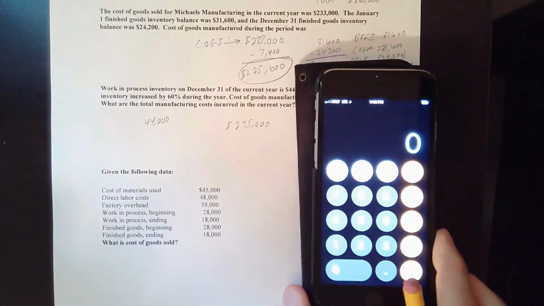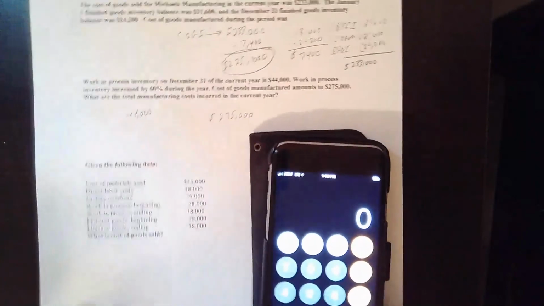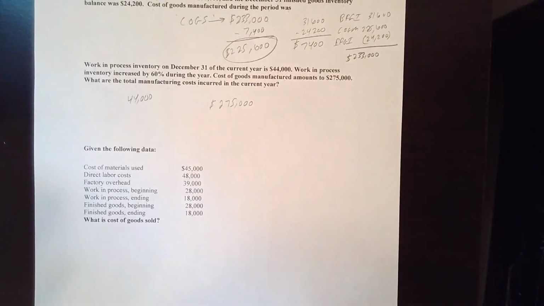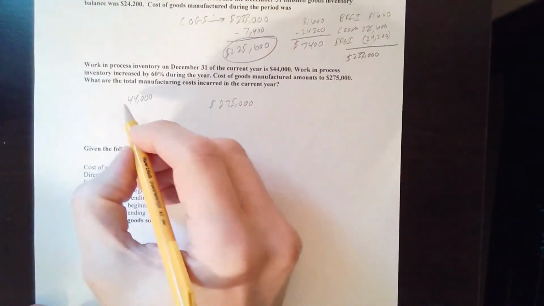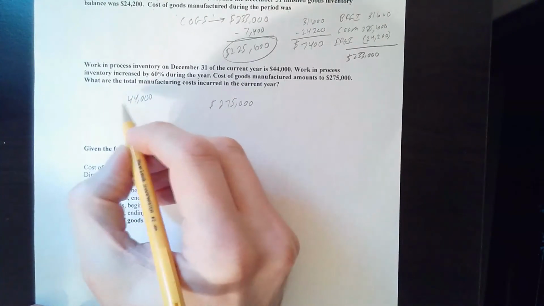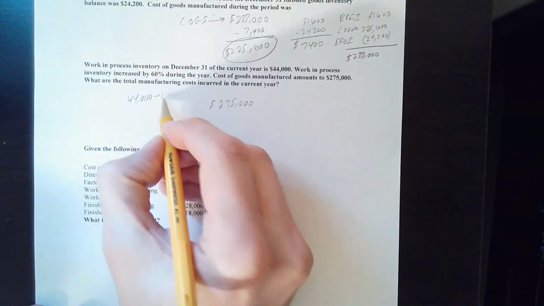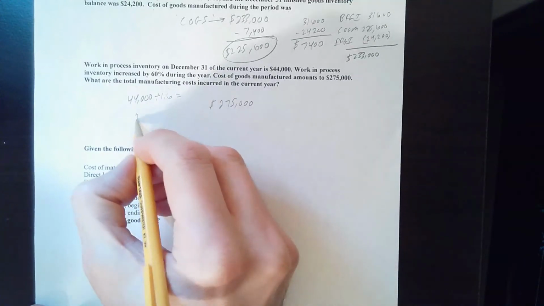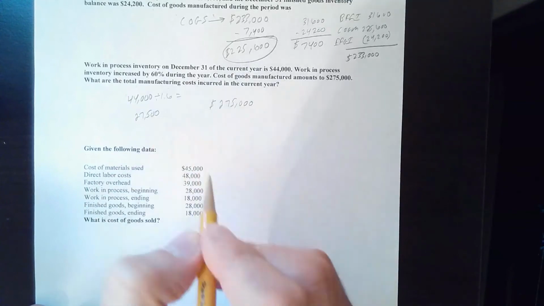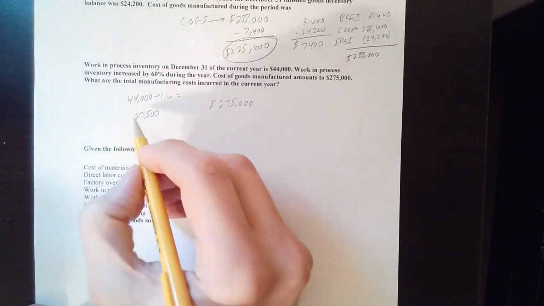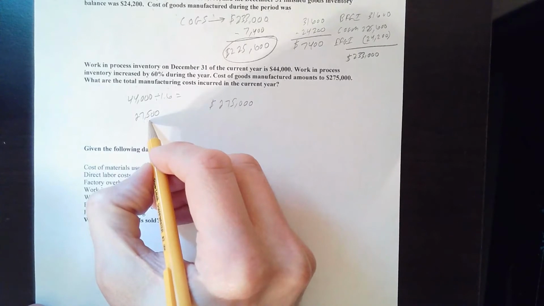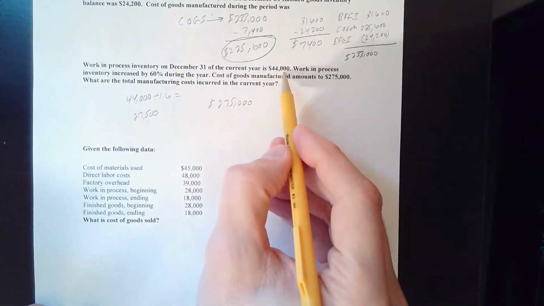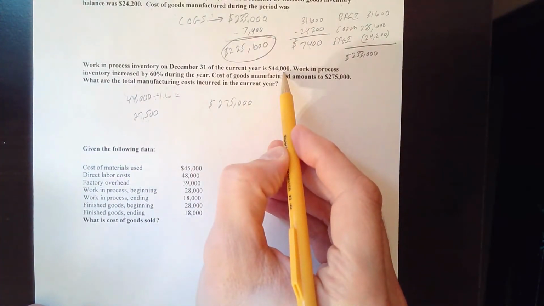If we take 44,000 and divide that by 1.6, we should come up with 27,500. So what that means is that 27,500 was our beginning work in process inventory, and they've already provided us with our ending work in process inventory of 44,000.